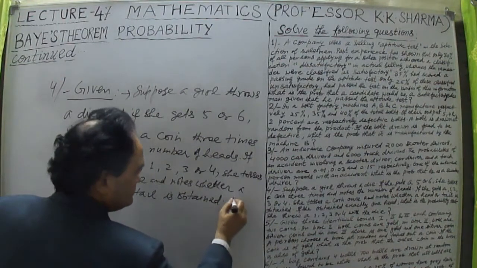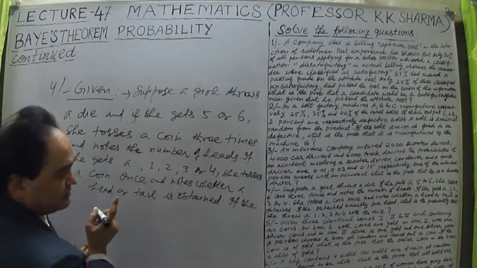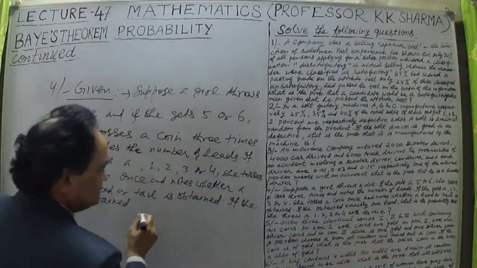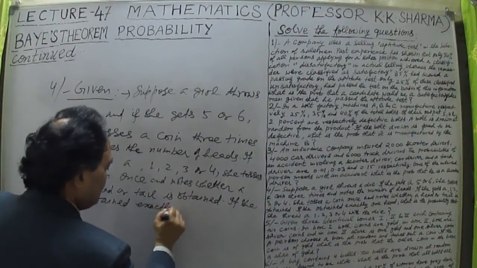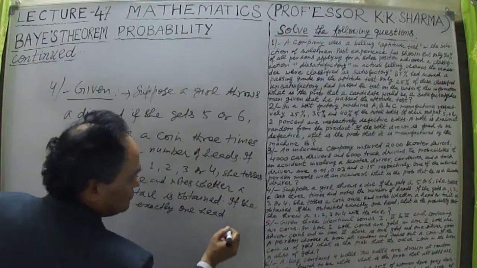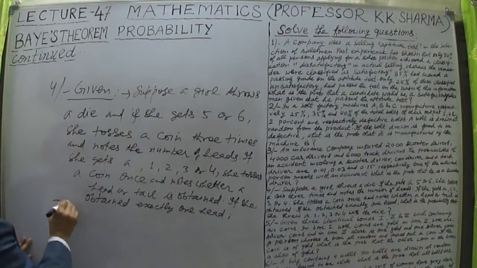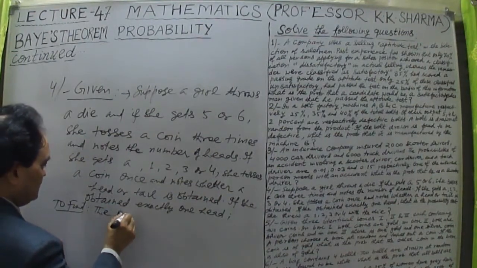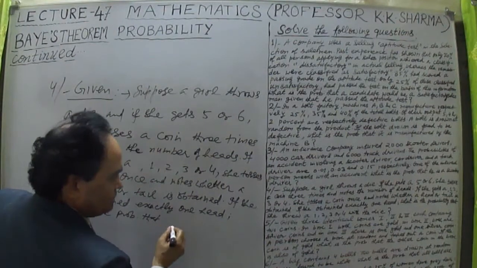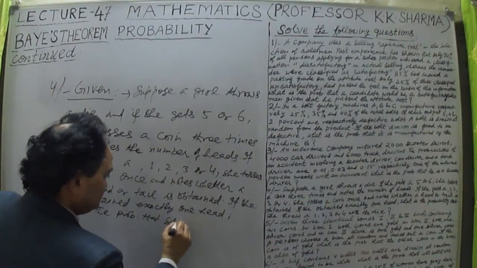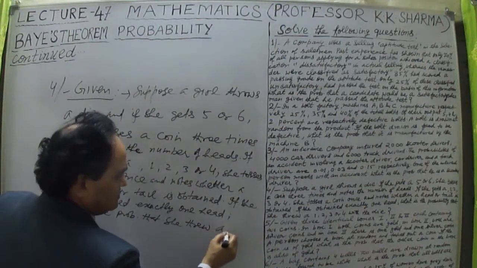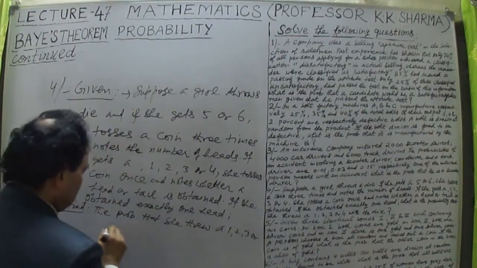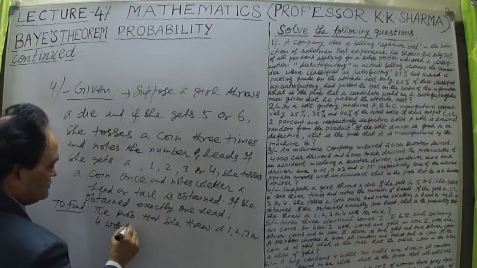Further it says, if she obtained exactly one head, you find then, what is the probability that she threw a 1, 2, 3 or 4 with the die.